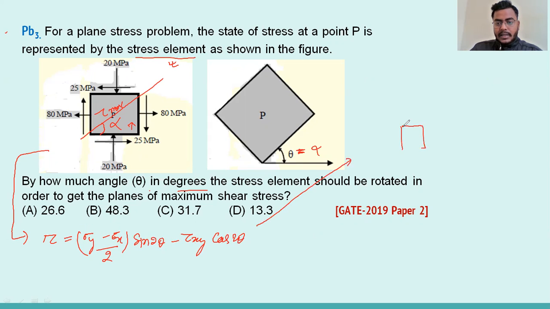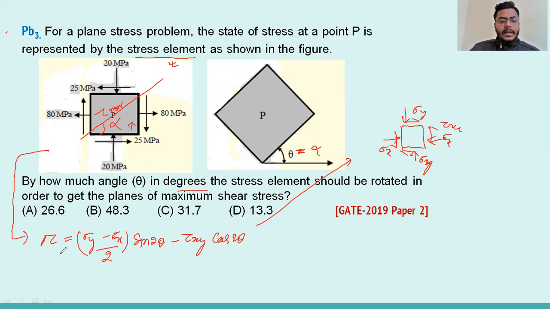So you have to understand this also, where sigma y, sigma x, and there is a tau xy. In the second case I discussed in the previous slide. So I will put the value according to the sign convention. So shear stress is equal to this.